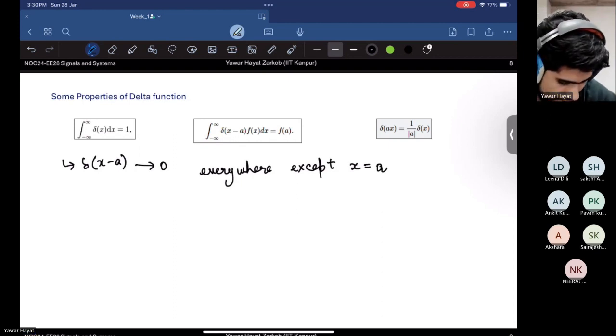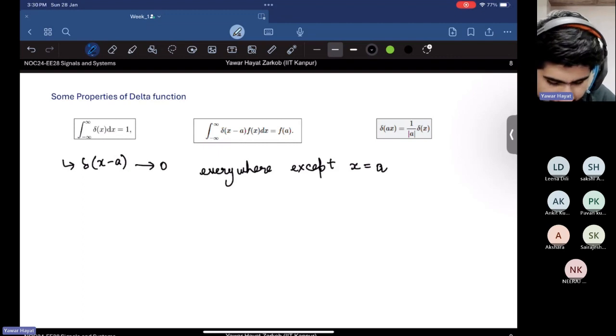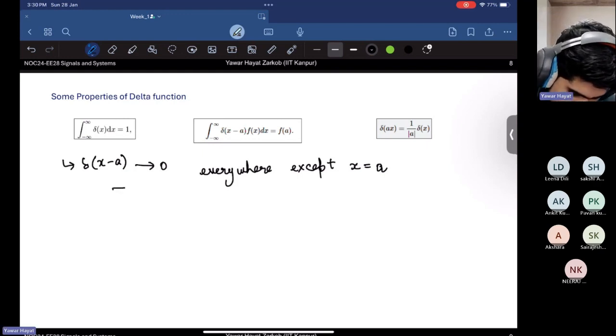So the integrand, delta of x minus a times f of x, would be 0 for all x except at x equal to a, right?